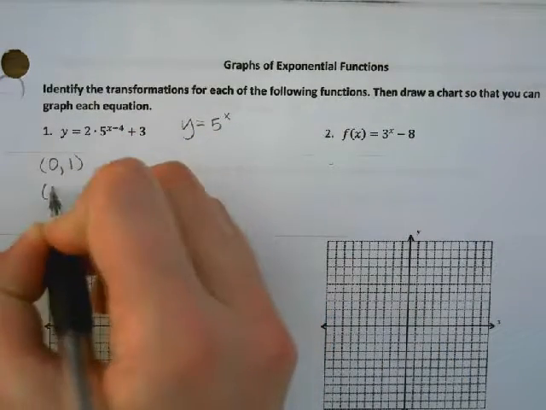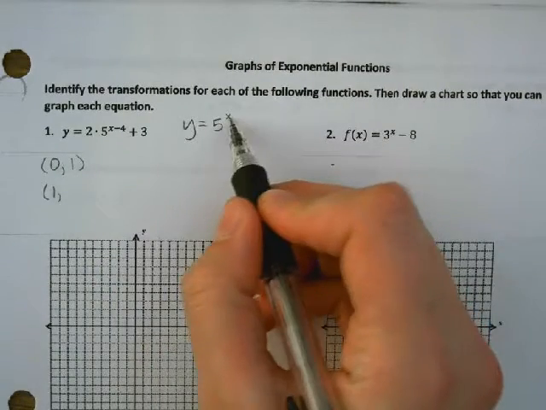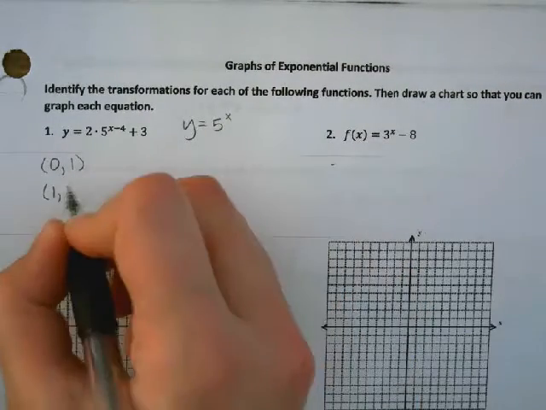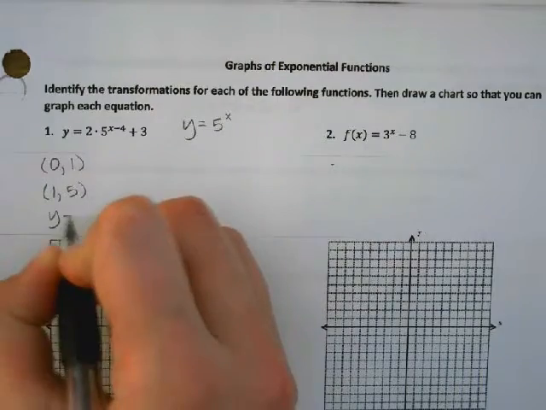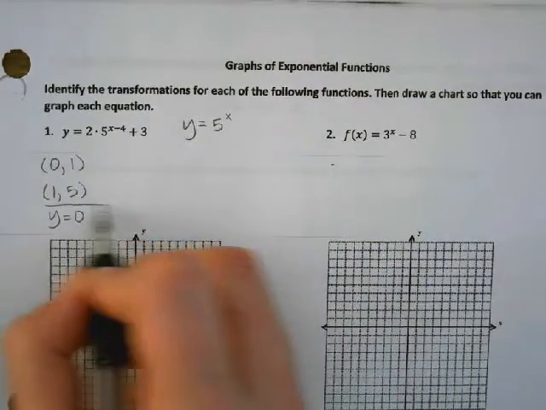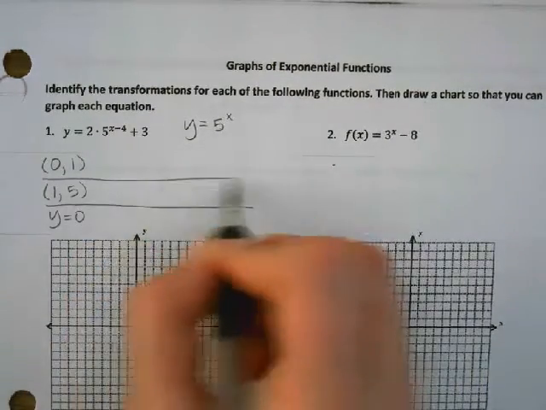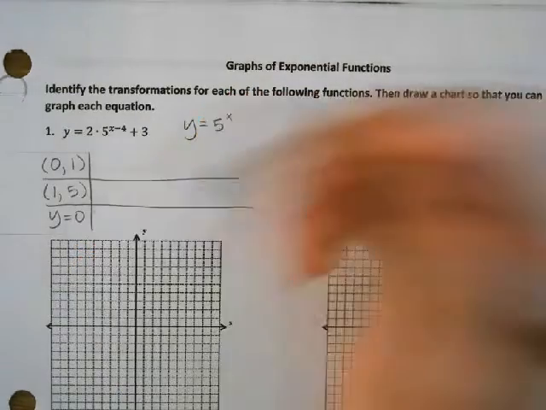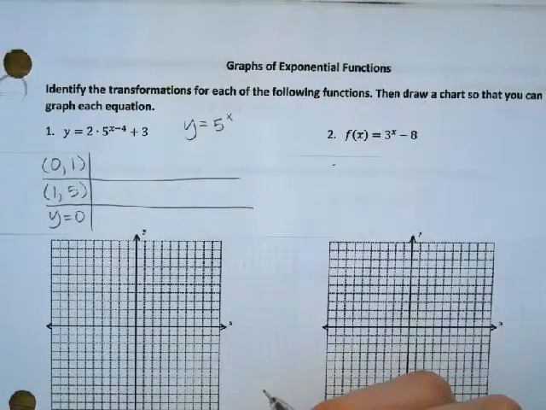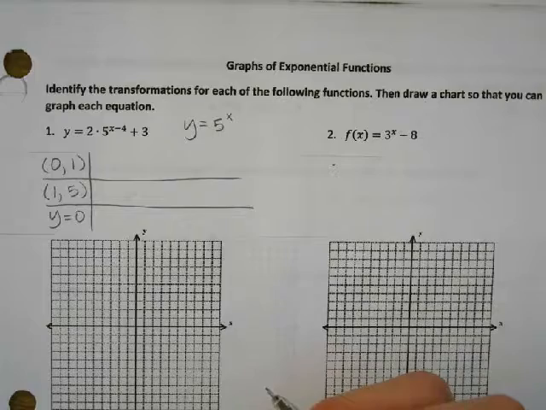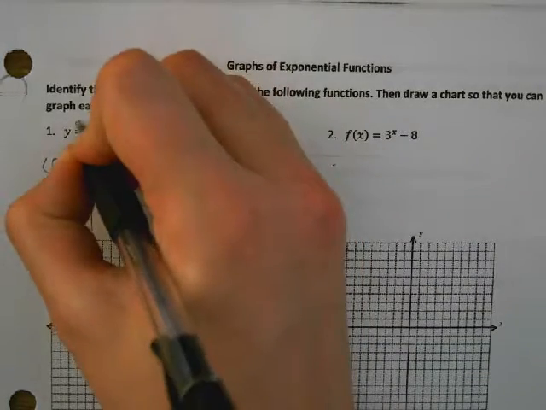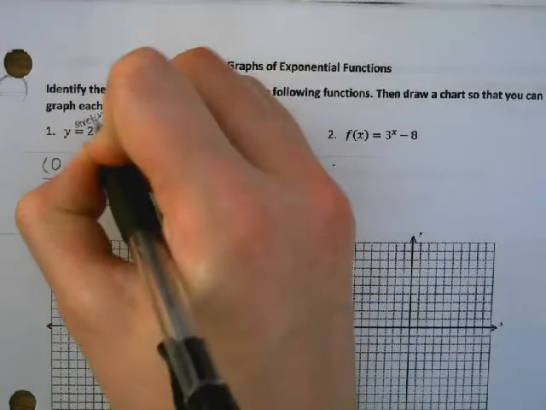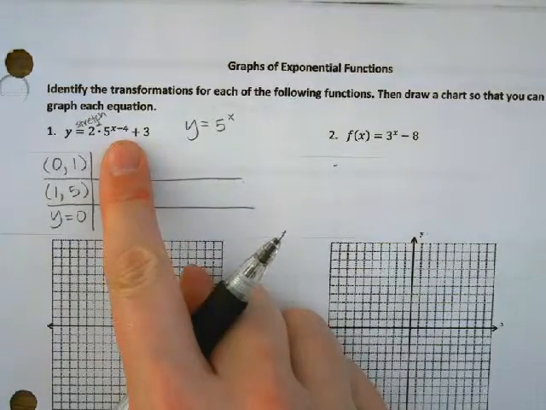If we plug 1 in, what do we get? 5 to the 1 is 5. And then we always have the asymptote of y equals 0. So that's how we start our chart. And then what are the transformations that we have? Stretch by 2. Okay, so stretch 2. And then what's our next transformation?